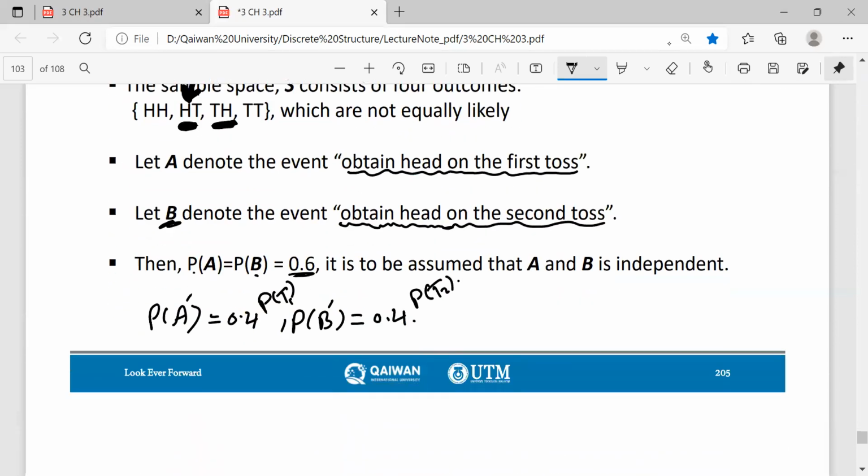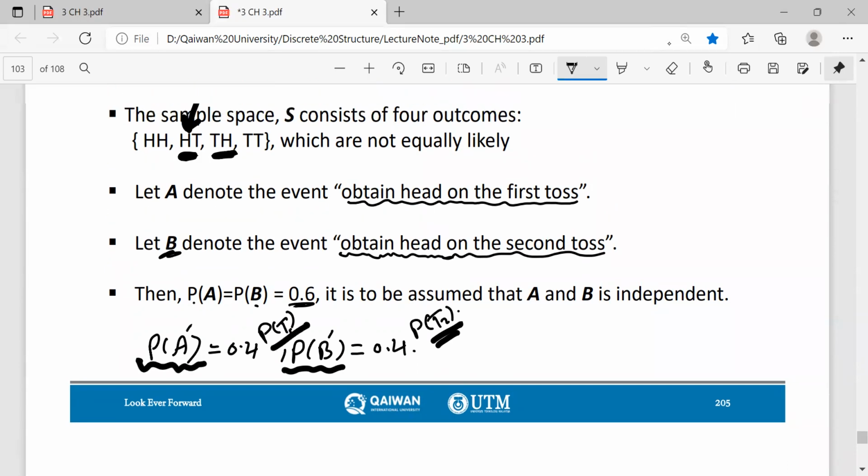Here I said B complement is the case if the second one is tail, and probability of A complement is tail for the first one.